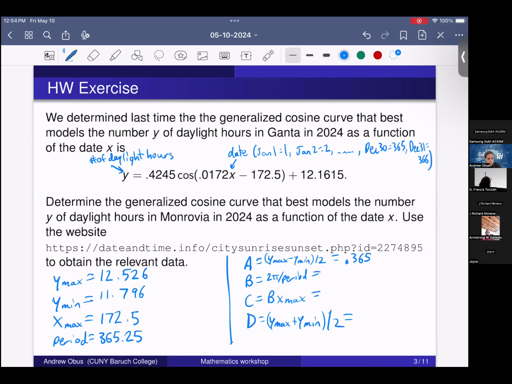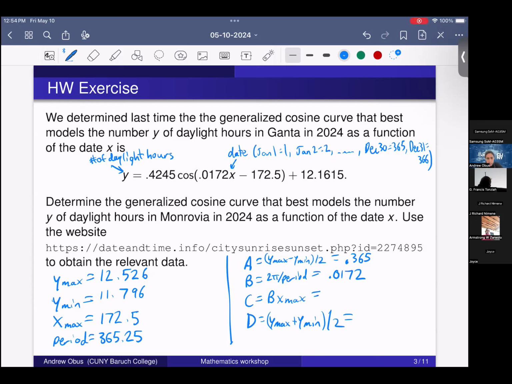Okay, so B is 2 pi over the period. That's actually going to be the same as what we got for Ganta, so that's still going to be 0.0172. C is going to be B times X max. Wait a minute, it shouldn't just be B. It should be B times X max.